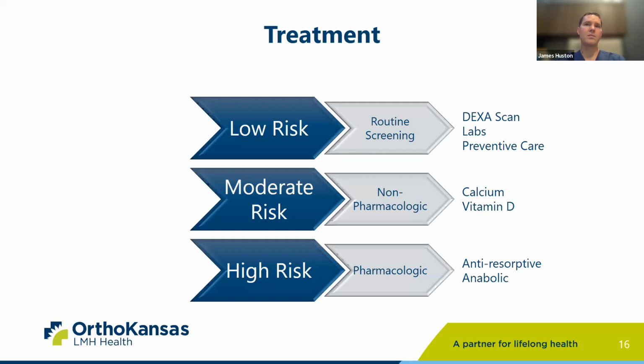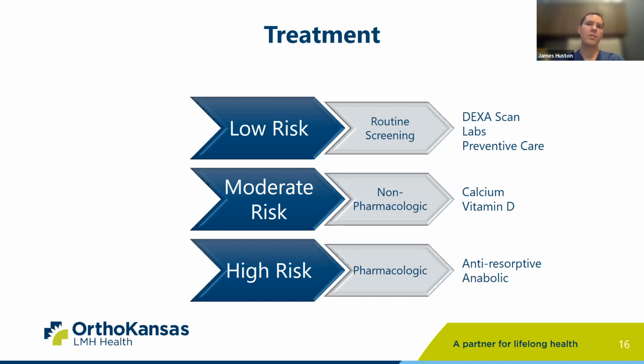For someone who's considered at moderate risk, they may be recommended to make dietary changes, make activity changes, include calcium and vitamin D supplementation, or further evaluate those things to basically go forward with a non-pharmacologic treatment.